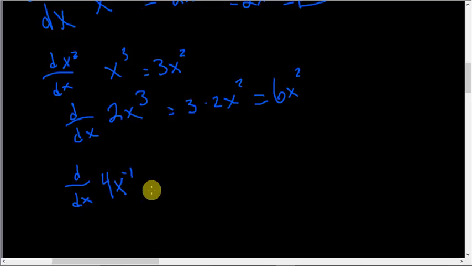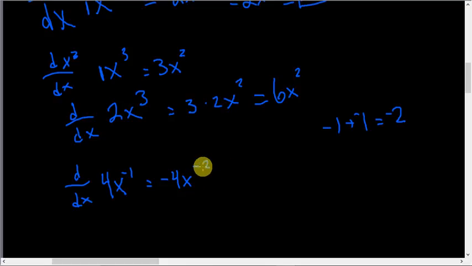Alright, so we drop this one down, multiply it by the coefficient, and of course up here we have a coefficient of 1, and the same thing up here, but you don't even need to write it. But this one, 4 times negative 1, so it's negative 4x, and then we decrement this one by 1, and negative 1 minus 1, people like to get confused and want to write a 0, but you decrement negative 1 minus 1, or plus negative 1, same thing, negative 2.